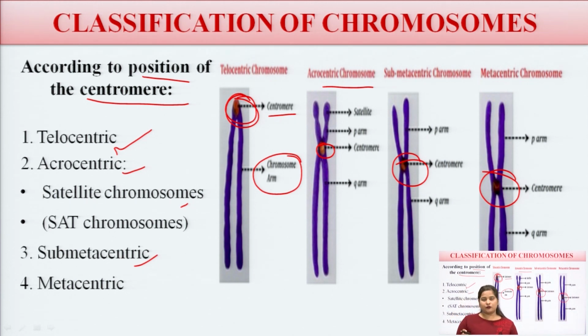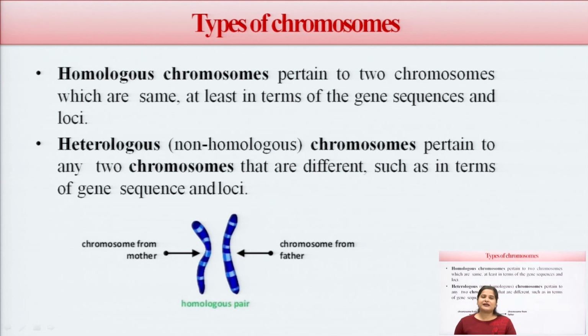Acrocentric is when it is present towards the p-arm, towards the upside of the chromosome structure. Then submetacentric is again upside but closer to the center, and the next one is the metacentric, which is just the center part of the chromosome. So, these are the classifications of chromosomes.